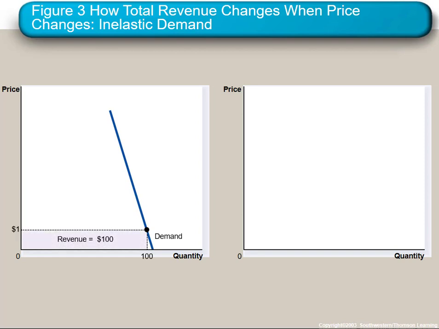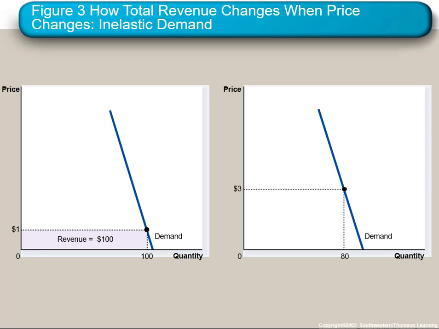Hopefully you can see based on the way that it looks, that the demand curve is supposed to be inelastic in this illustration. And you can see that at a price of $1, 100 units are sold, and so total revenue is $100. It's the area of that rectangle that is defined by the point on the demand curve and the two axes.